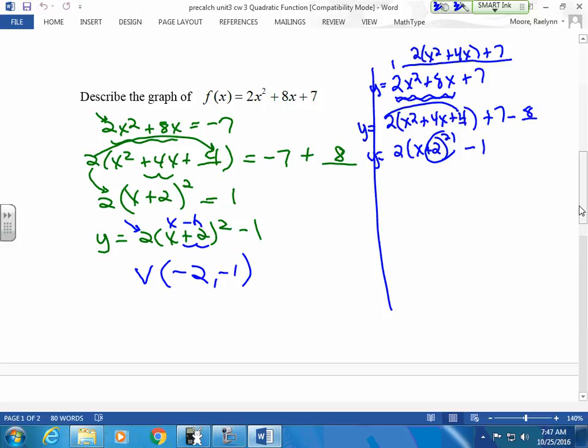So now we're going to find your zeros. Watch. When your zeros, so far we know this. At the -2, -1, it's opening up somewhere. I need to figure out where does it cross that x-axis. So those are my roots, or my zeros, right? So I plug in a 0 for y. And I solve. So I add 1.